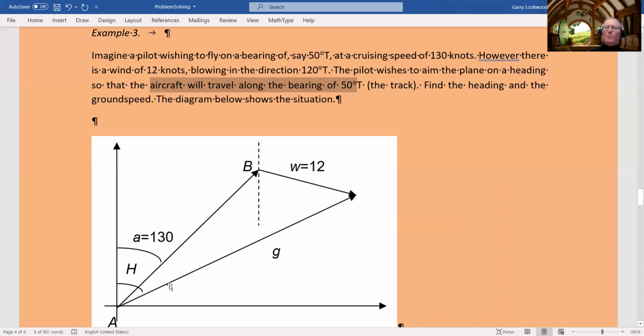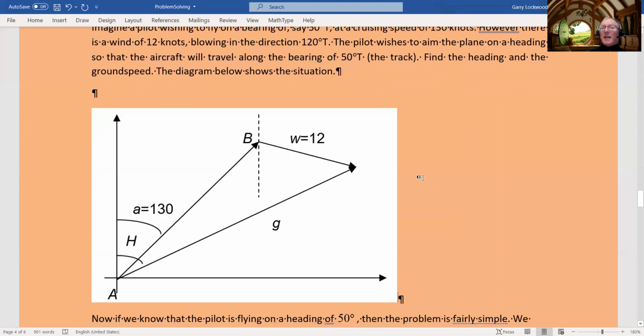And that is what we want to be 50 degrees. All right, we really, really want that to be 50 degrees. What we do know, what we can control, is this angle here, the H, the heading.